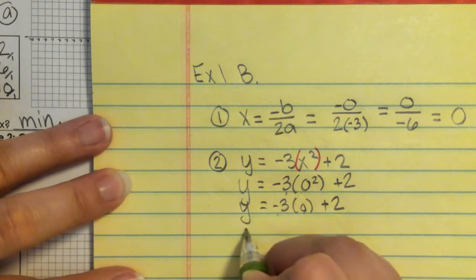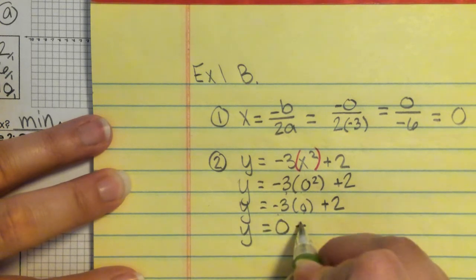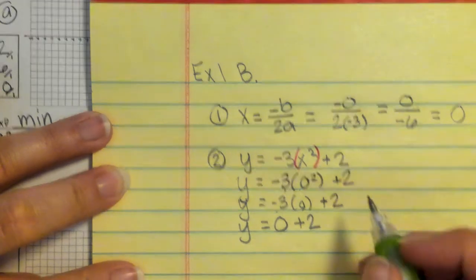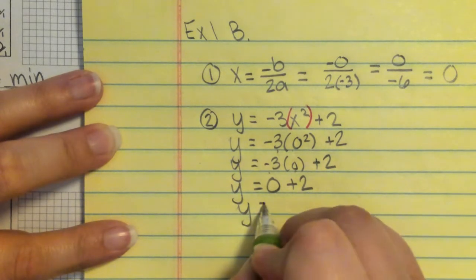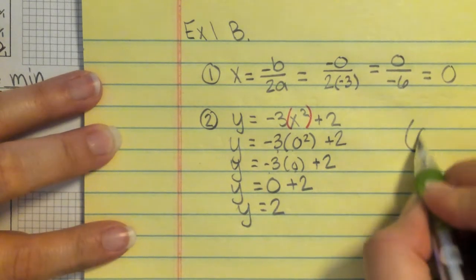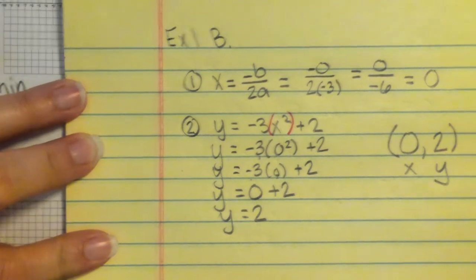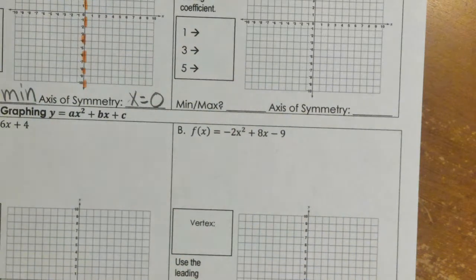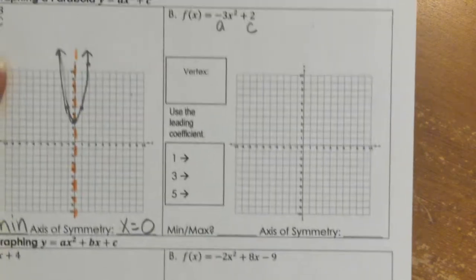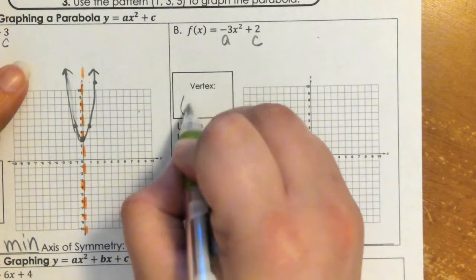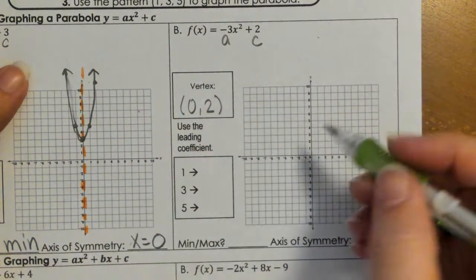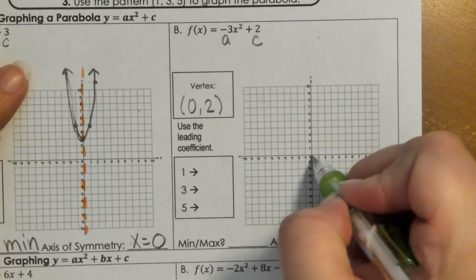Negative 3 times 0 is 0. Plus 2 means that my y is 2. So currently, my vertex would be 0, 2. So now over here, we're going to fill in 0, 2. We're going to graph that. So 0, 2.